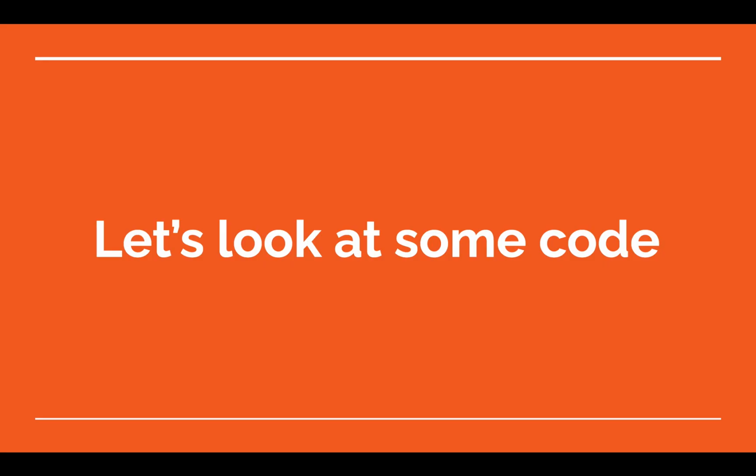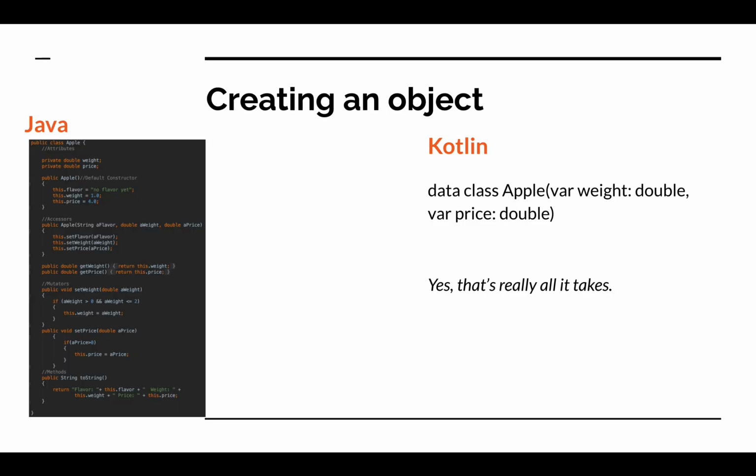Let's look at some code and actually break down what I'm trying to teach to y'all. So when you're creating an object in Java, I'm sure you all remember, you define your class, you add its member variables, you get its default constructor, sometimes a parameterized constructor, then you define its accessors, its mutators, and then maybe a member variable.